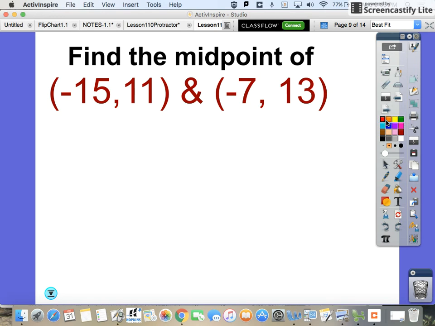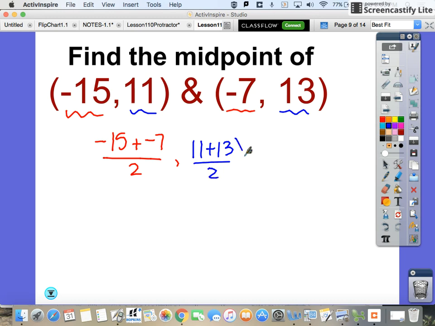So here, if we find the midpoint, we're going to go negative 15 plus negative 7, and then 11 plus 13. Negative 15 plus negative 7 is negative 22.